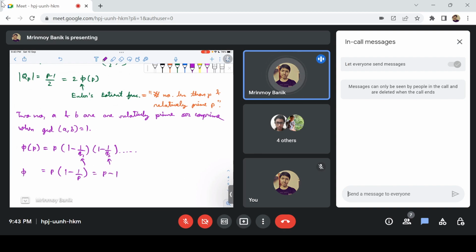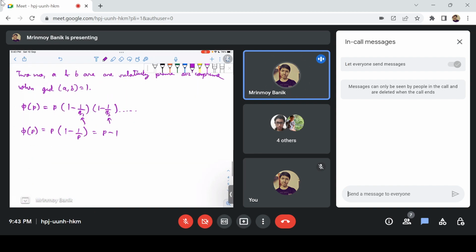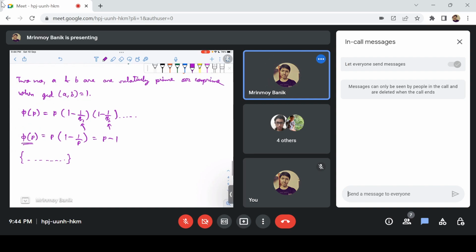So phi of a prime number is equal to p minus 1, right? That's why I wrote here twice p minus 1. The set of numbers which are less than p and relatively prime to p is also called the reduced residue class of p, and its size is called phi p, or the Euler's function of p.